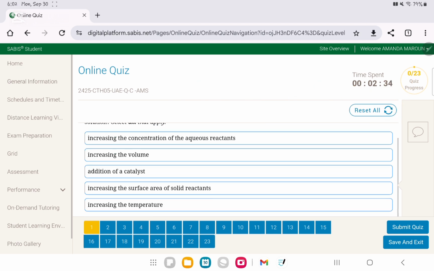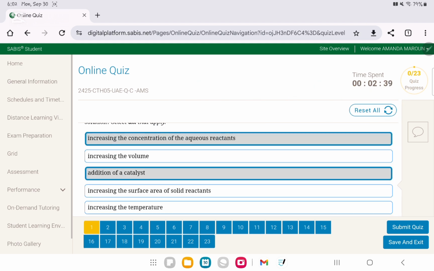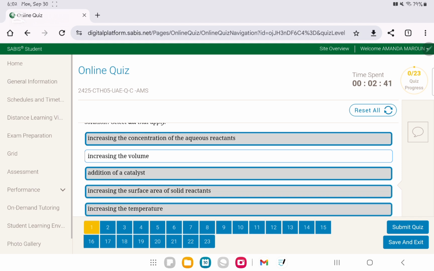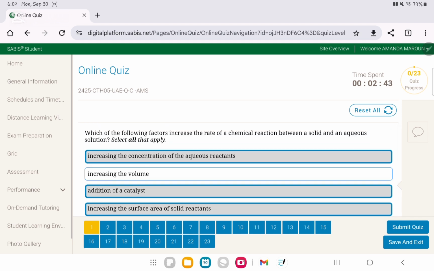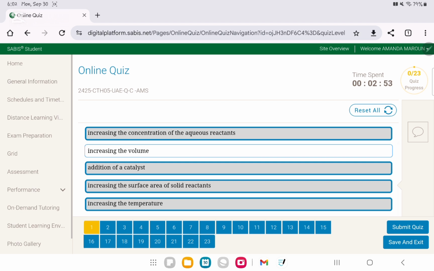So remember, solid and aqueous. On liquid, if you increase the concentration, add the catalyst, increase the surface area, and increase the temperature, these all will increase the rate of the solid and aqueous and the liquid. However, for the gas, it is all of these including the volume and the pressure.